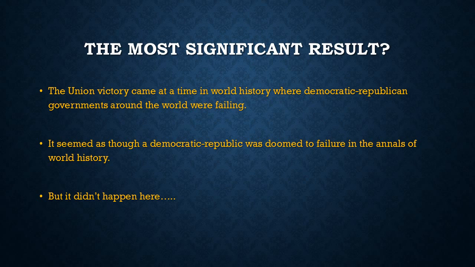The point is that around the world during these decades before and after the Civil War, democratic republican governments were failing across the world, and it seemed as though a democratic republic was doomed to failure in the annals of world history. It looked like it was a noble experiment, but it just wasn't gonna work. But here, as a result of this war, that didn't happen.